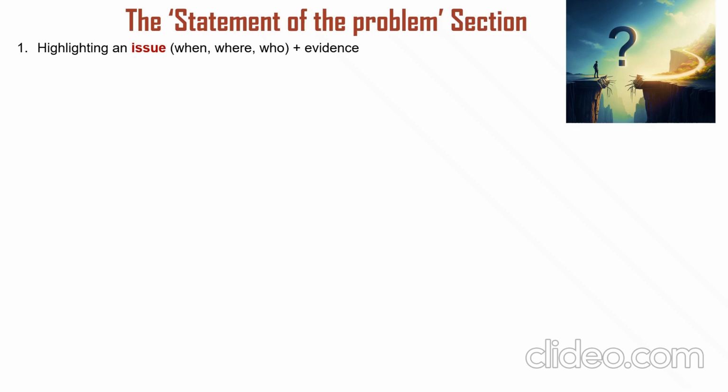In this section, the researcher will present the motivation or the rationale behind undertaking the research project or researching the selected issue. And he should also show why it is needed. All this is based on a gap, a research gap.